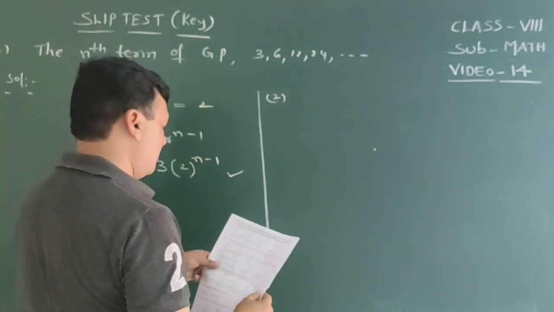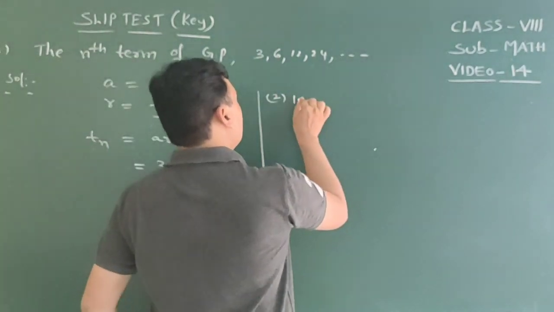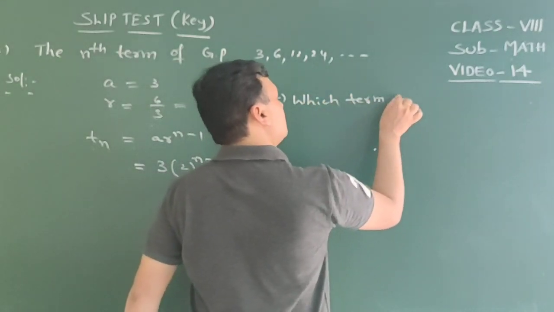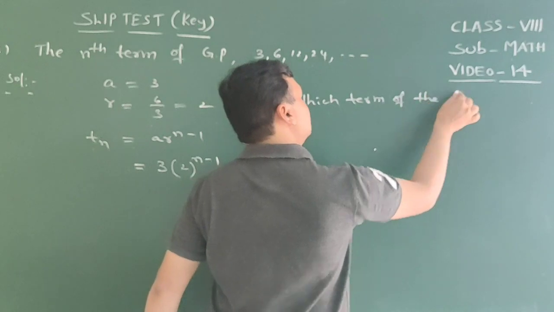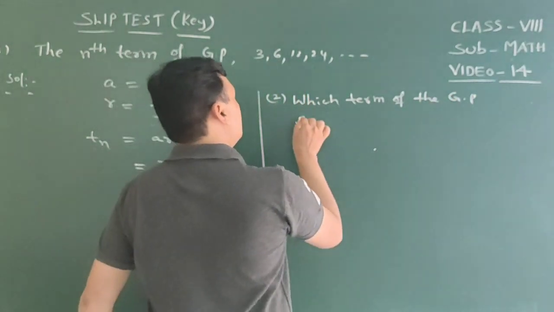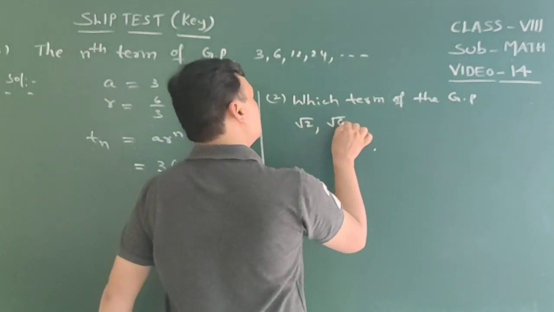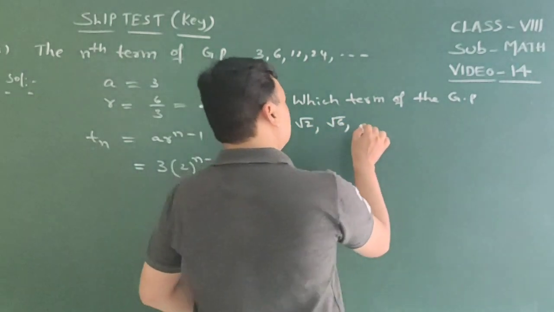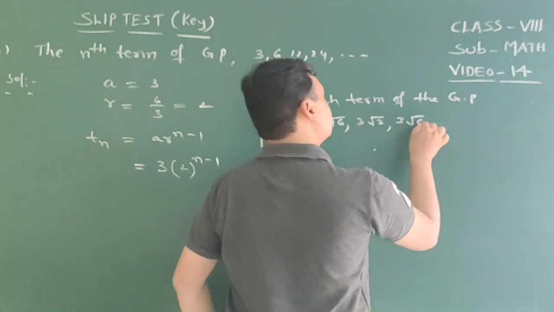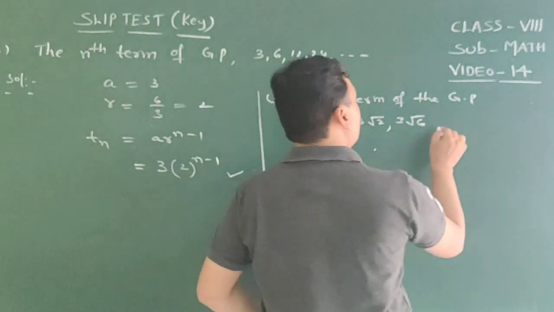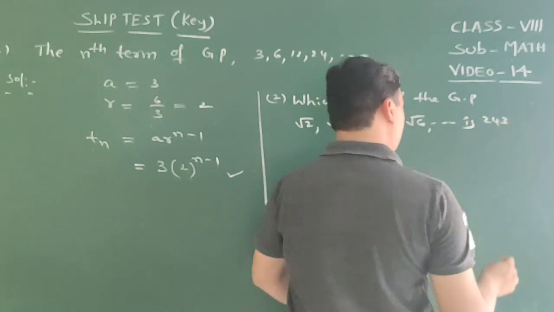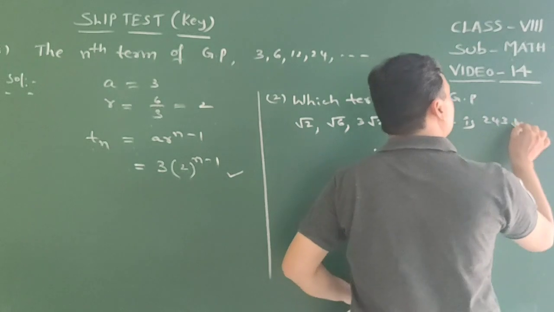Next, second problem. Which term of the GP root 2, root 6, 3 root 2, 3 root 6 and so on is 243 root 2?